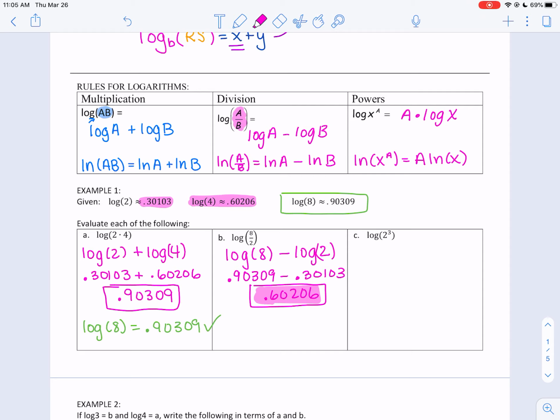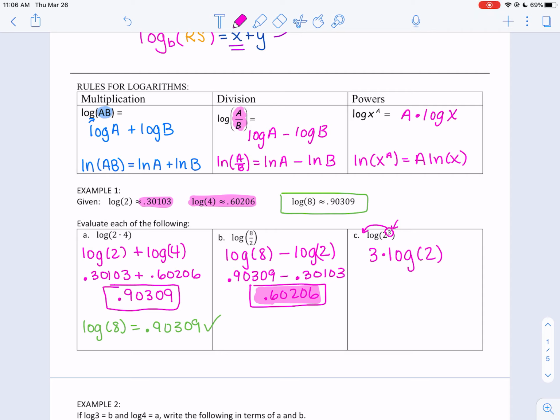It's exactly the same. In addition, we can look at the last one here and say, hey, we have 2 raised to the third power. This exponent inside the log is going to come outside as a coefficient. This would be like saying 3 times log 2.